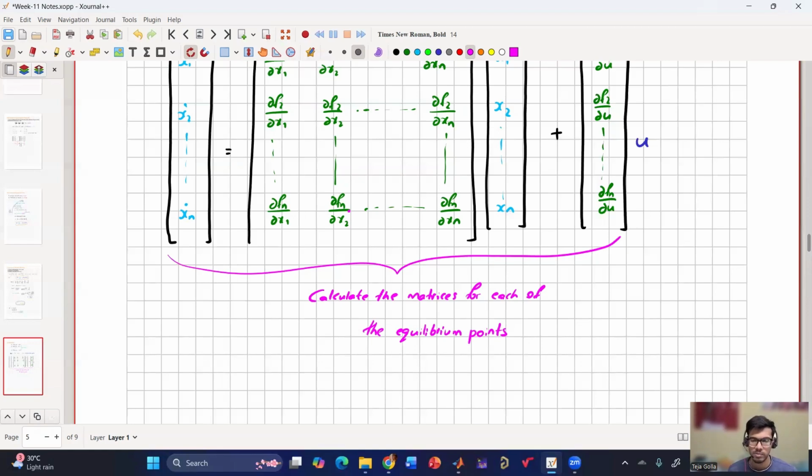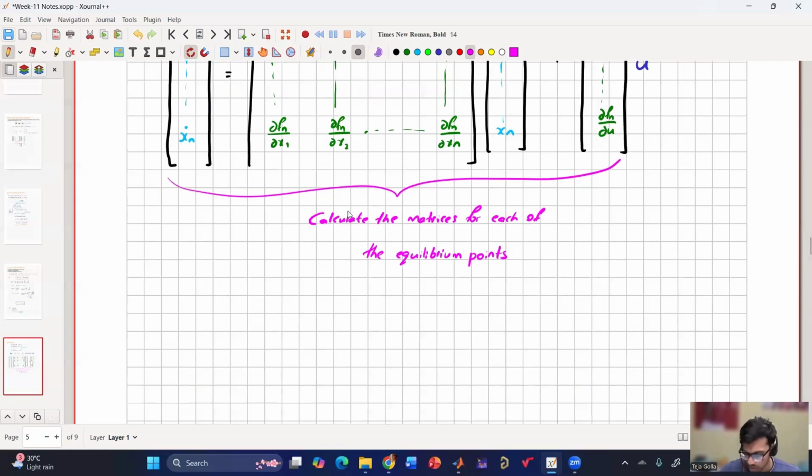And then for that equilibrium point, check the stability. Check the stability at each equilibrium point.